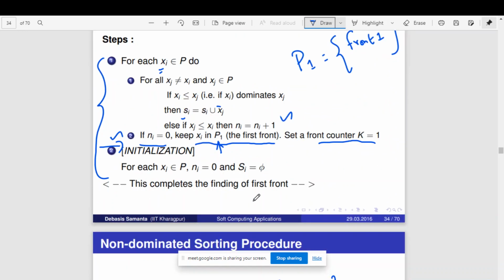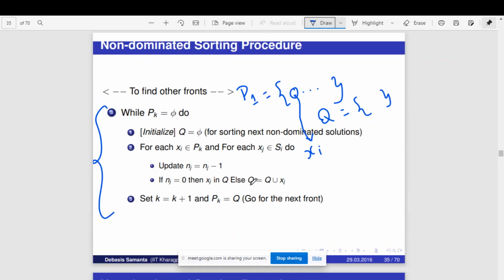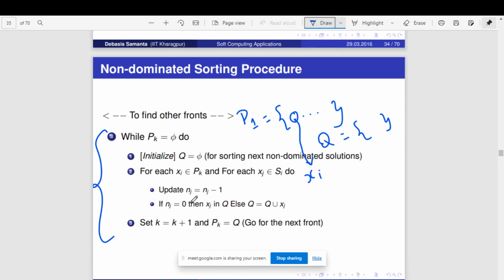As per this, Si is a null set, let us assume Si is null. Update nj equal to nj minus 1.